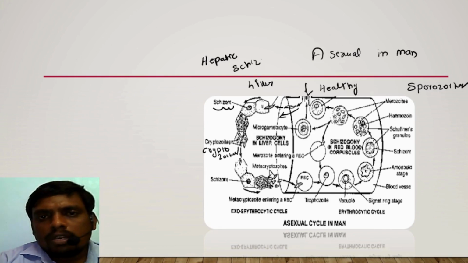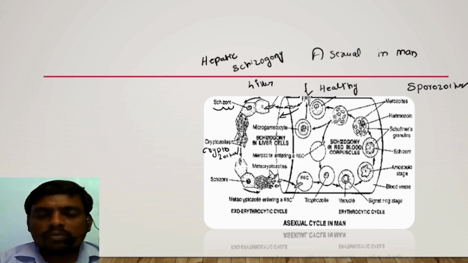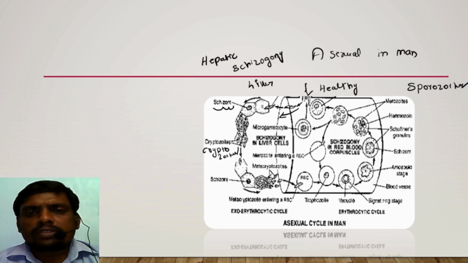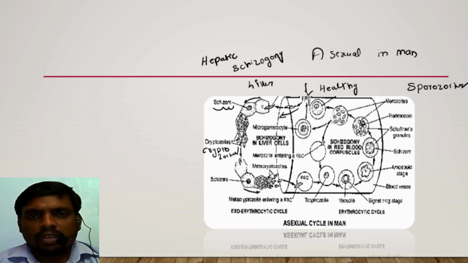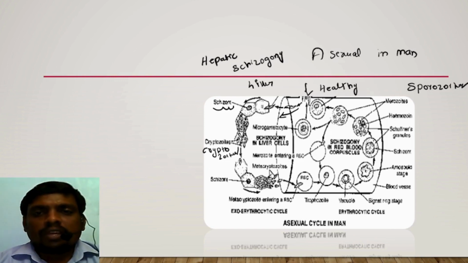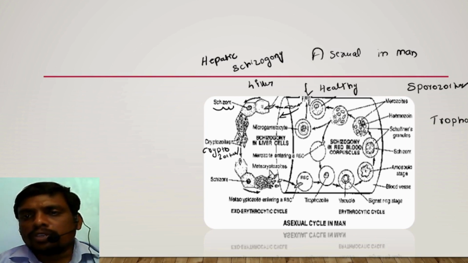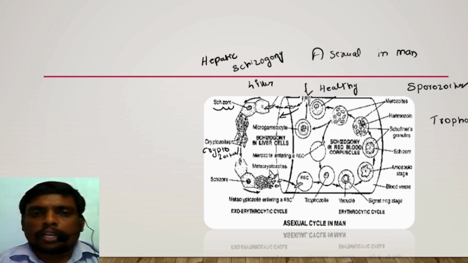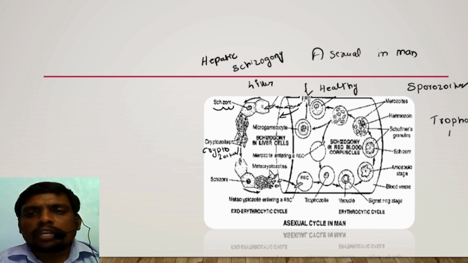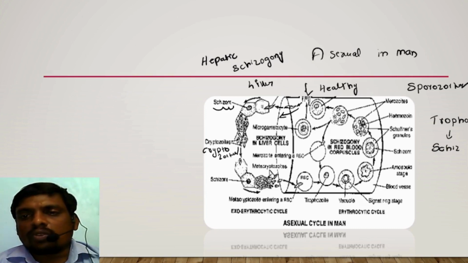Here, trophozoites are produced from the sporozoites. When the sporozoites reach the liver cells, they transform into a trophozoite. The trophozoite contains a blunt finger-like pseudopodia, and this stage is called the schizont stage.